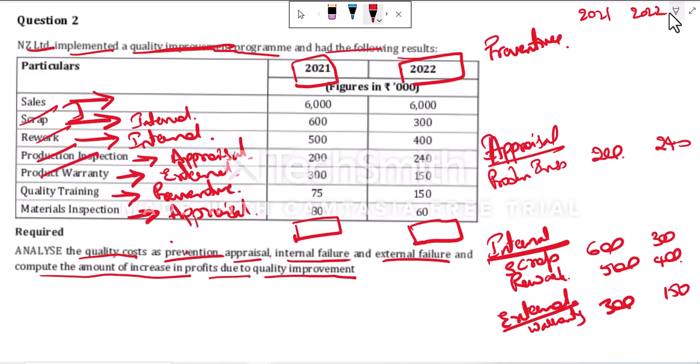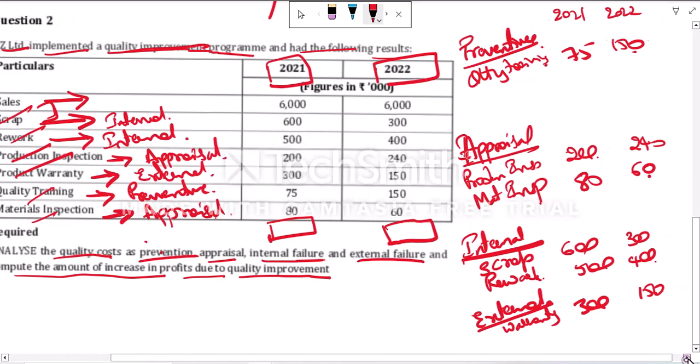Quality training, preventive: 75 in 21, 150 in 22. Material inspection is an appraisal cost, so right here 80, 60.